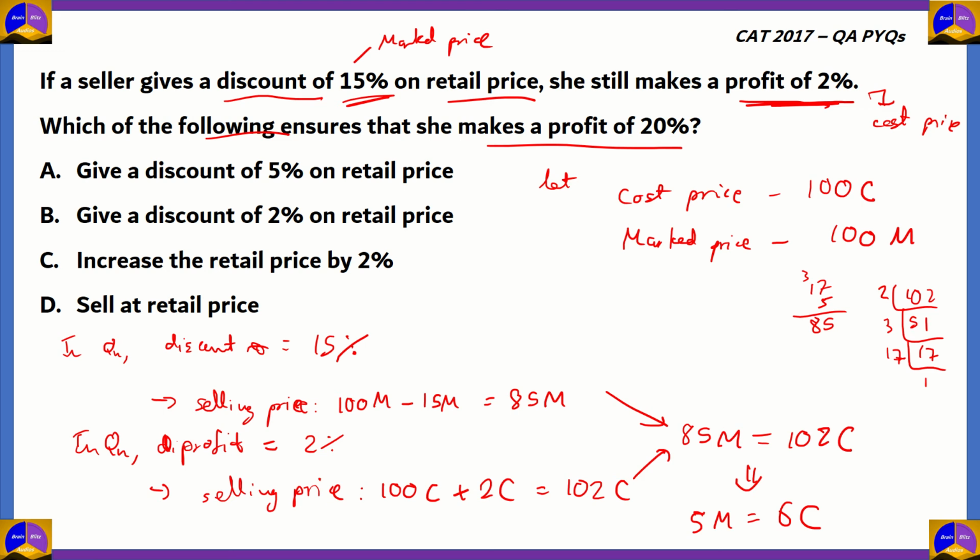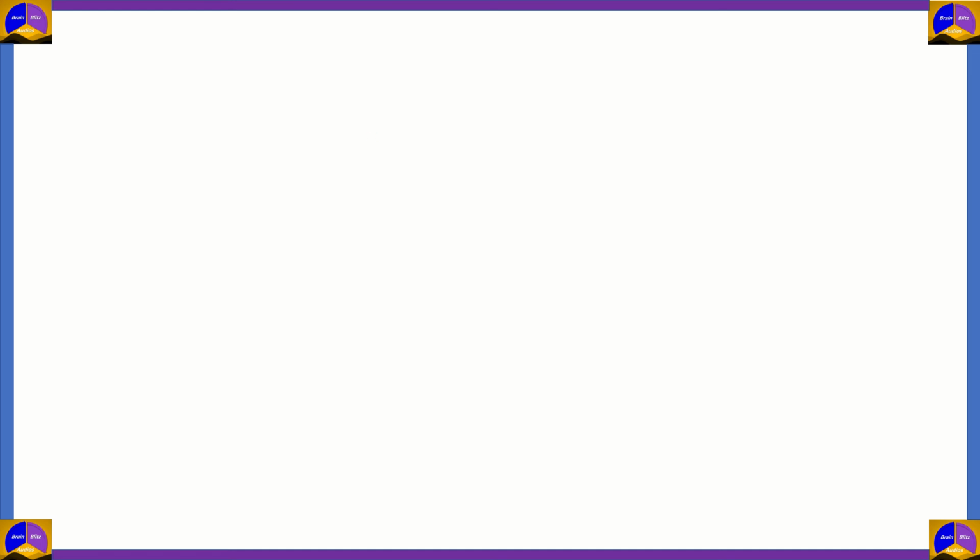So 5 times the marked price equals 6 times the cost price. What we're going to do is consider 30K to be equal to 5M and 6C.